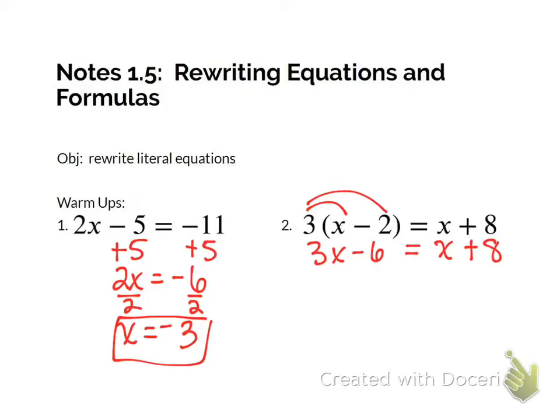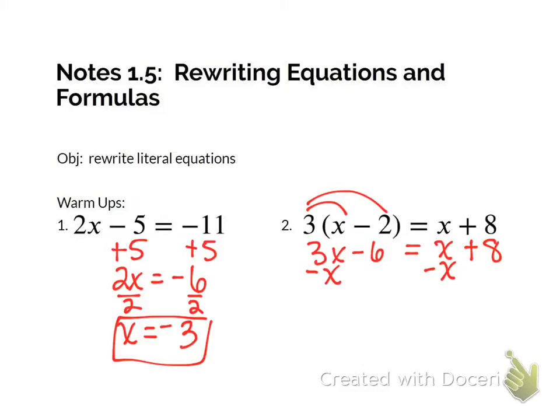Don't drop that x. Now we've got x's on both sides, but we want them all together. So in order to combine, we need to force them to be by each other. Subtract x on both sides will force all of our x's to be together.